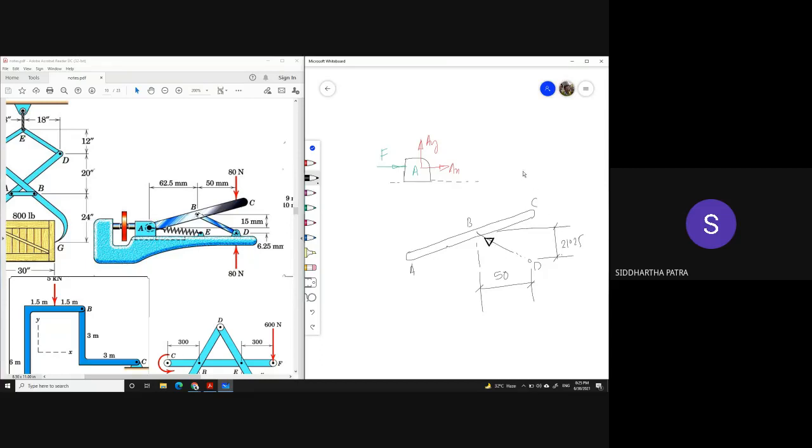The second force is at C. One more thing I forgot to mention. Because A is only allowed to slide on this bottom platform, it is not allowed to penetrate the platform.